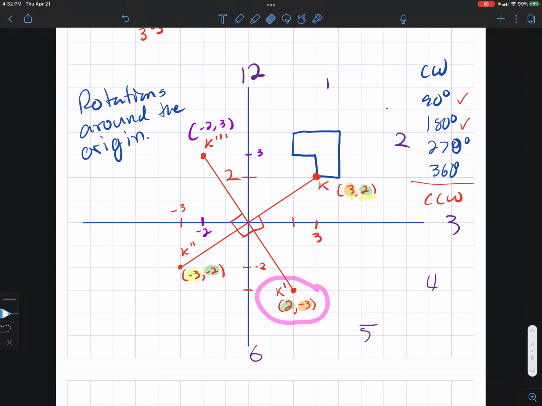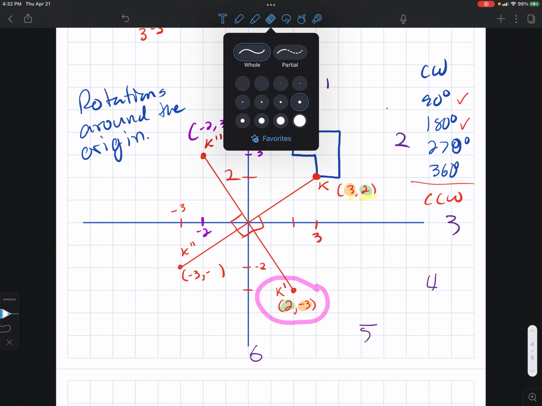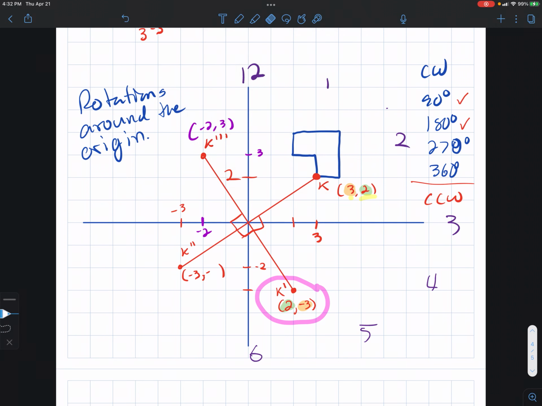So what about counterclockwise? Counterclockwise, going the other way. Well, you will be amazed to find that I'm going to get the exact same pictures if I go counterclockwise. Going this way, in the opposite direction of the numbers, there's 11, and then 10, and then 9, and then 8, and then 7.